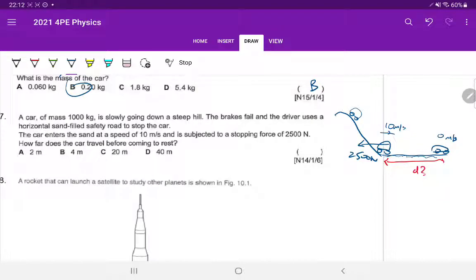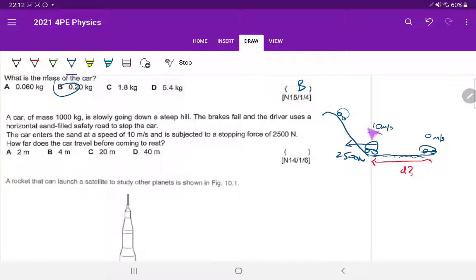Okay, so how do you even approach a question like this? So you have the initial speed, which is u, you have the final speed, which is v, you have F_R, and then you need to find distance. What are you going to do with all this information?